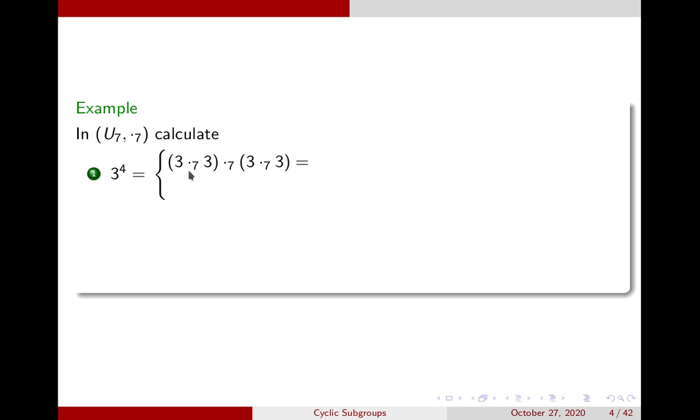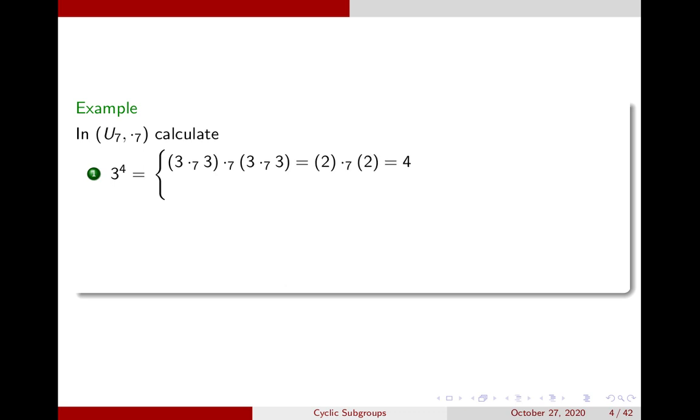One way to do it is to group the multiplication with the first 2 3's grouped together first, followed by the second 2 3's. Then you would calculate 3 times sub 7 3, which is 3 times 3 mod 7.